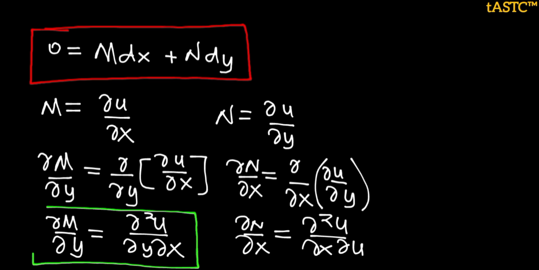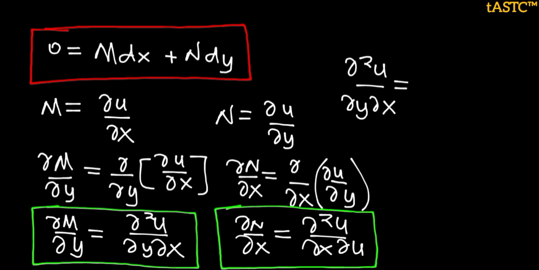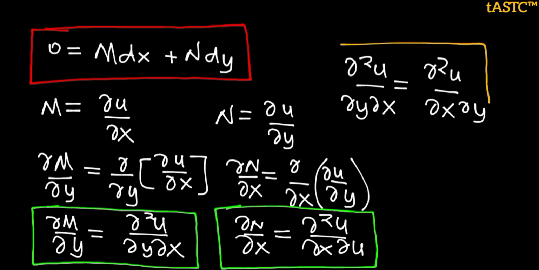So you need to take note of these two equations. Now, as you can see, we know that these two are the same thing, because from differentiation, d squared u dy dx is actually equal to d squared u dx dy. They're similar and the same.